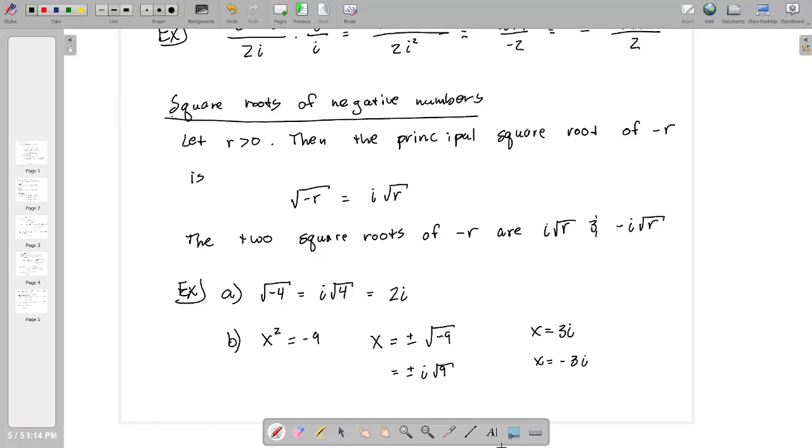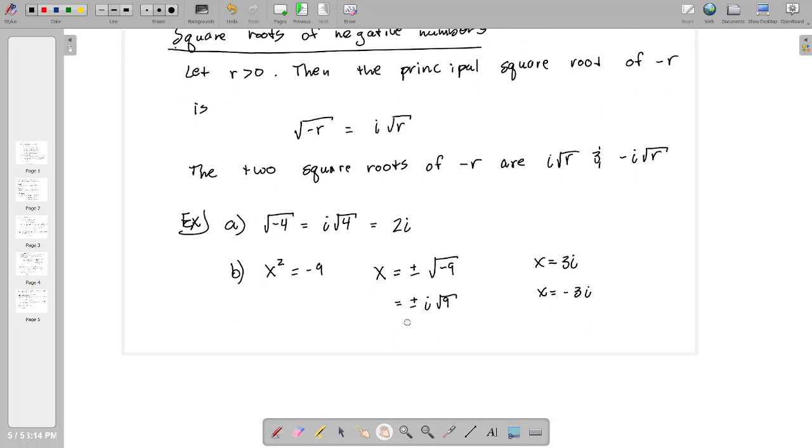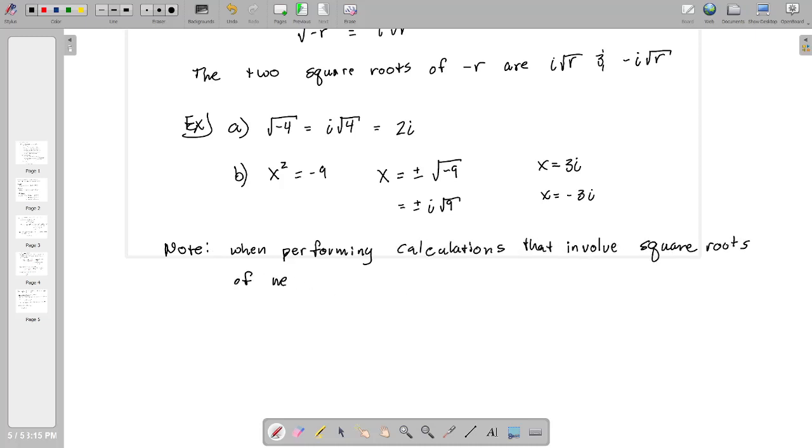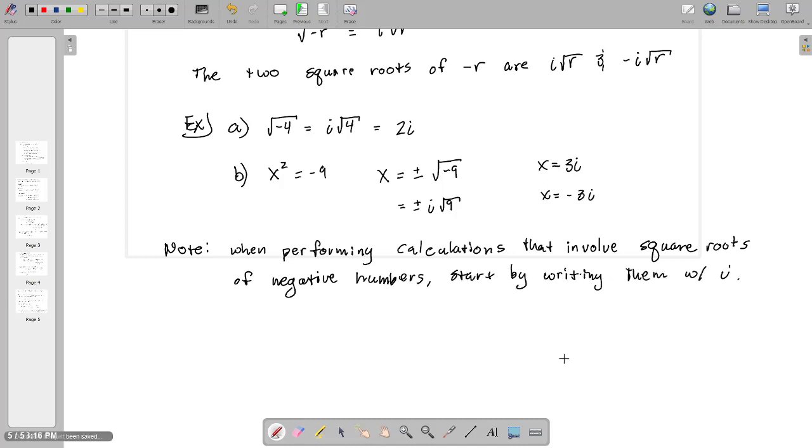Now I need to make a note here, because there is a common misconception. When performing calculations that involve square roots of negative numbers, start by writing them with an i. Now there's an incorrect way, and there's a correct way of doing this.